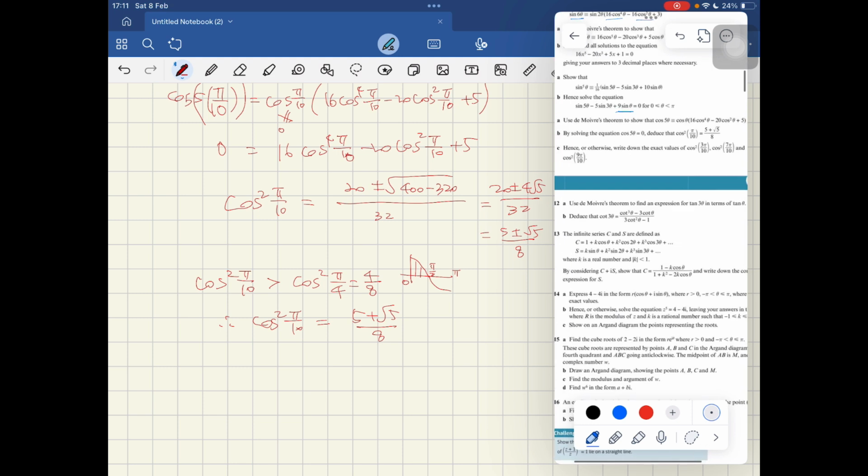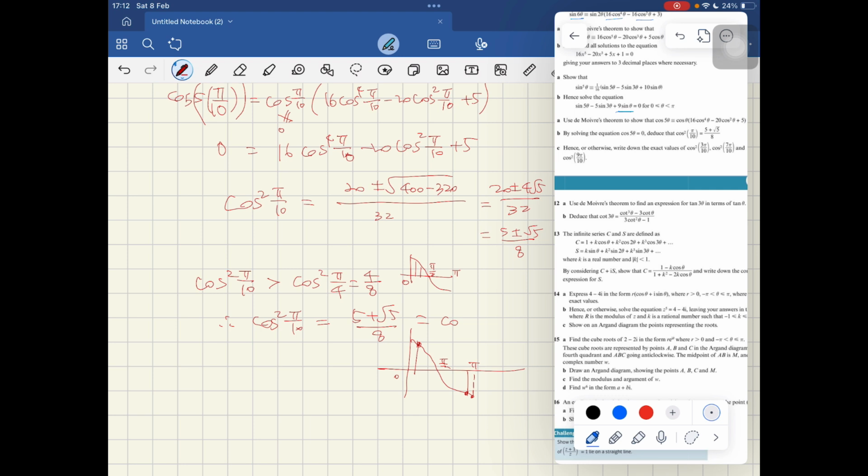And hence or otherwise. Now, let me make it a little bit larger, like this: 0, pi over 2, pi. So now we found pi over 10 here. And we can find that by the symmetry, this is 9 pi over 10.